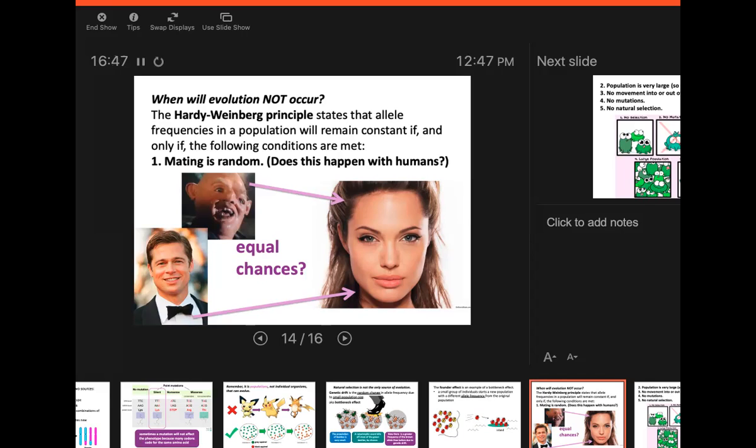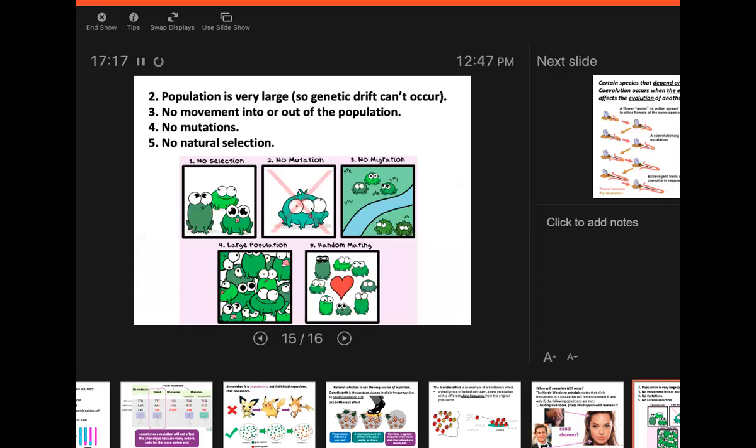The Hardy-Weinberg principle states that allele frequencies in a population will remain constant if and only if the following conditions are met. The first of these, mating is random. Does this typically happen with humans? No. Second, population is very large.